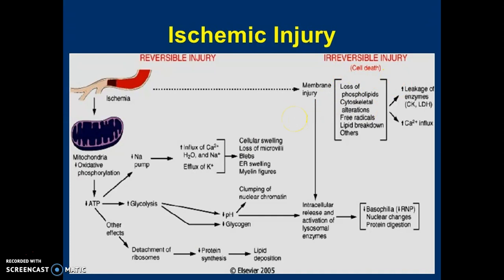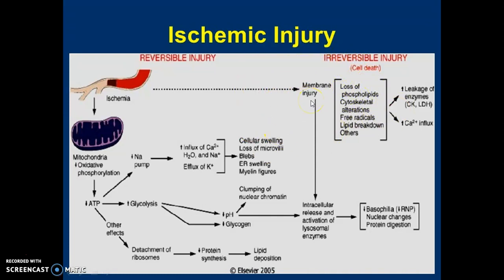I told you that the most important differentiating morphological feature between reversible cell injury and irreversible cell injury is the membrane injury. Membrane injury will differentiate.